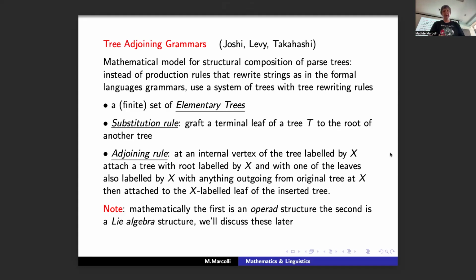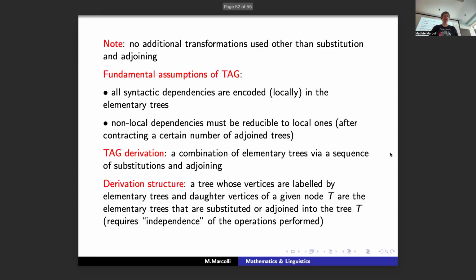But anyway, this was one of the methods used to have a class of context sensitive grammars that can model some of these structures that languages exhibit that are not accounted for by the context free setting.